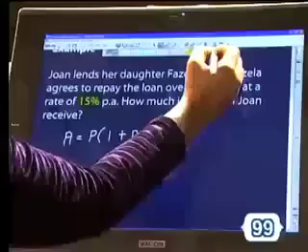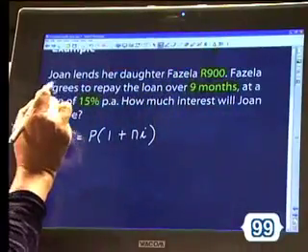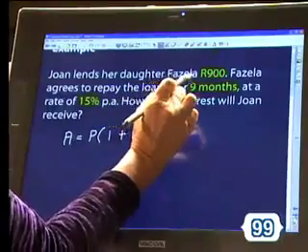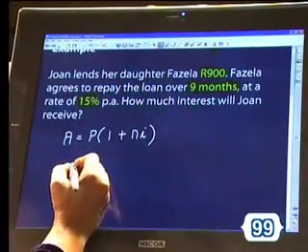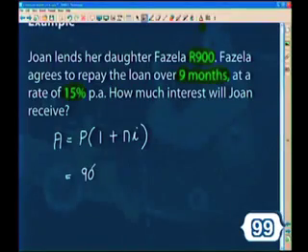Okay. All right, so it says, Joan lends her daughter 900 rand. So that is the initial amount. So that's what I'm going to pop in there in place of the P. Then it says that she is going to repay the loan over 9 months.